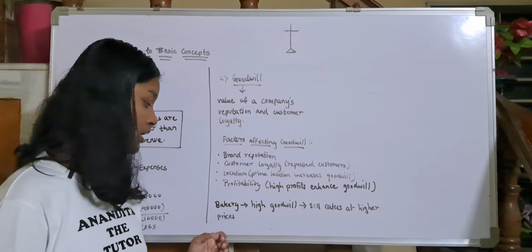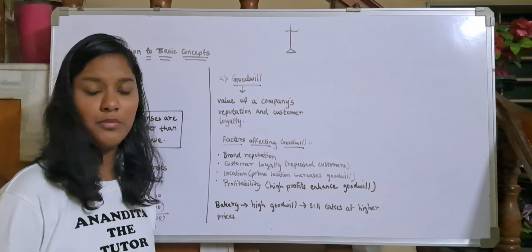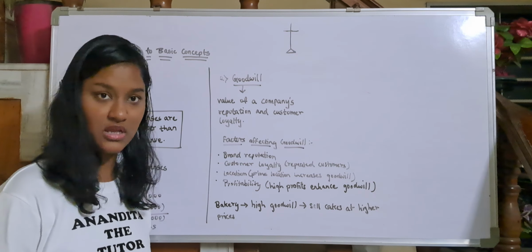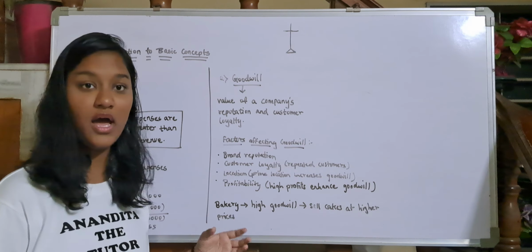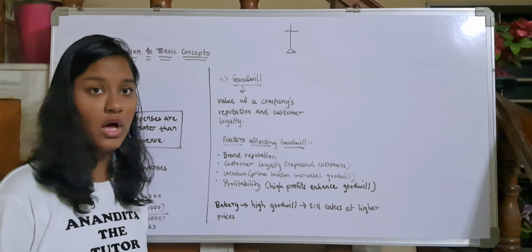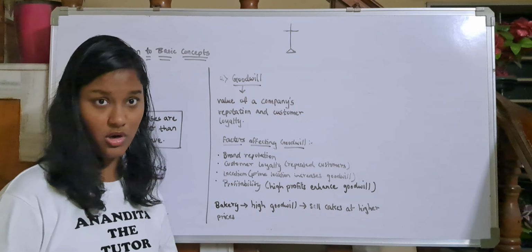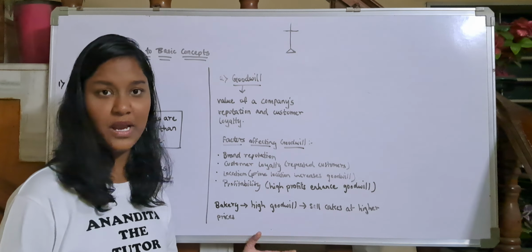Why can bakery A sell their products at high prices? Because people know that this bakery sells high quality cakes, like their cakes are fresh in nature, so I can buy from them at higher prices as well.